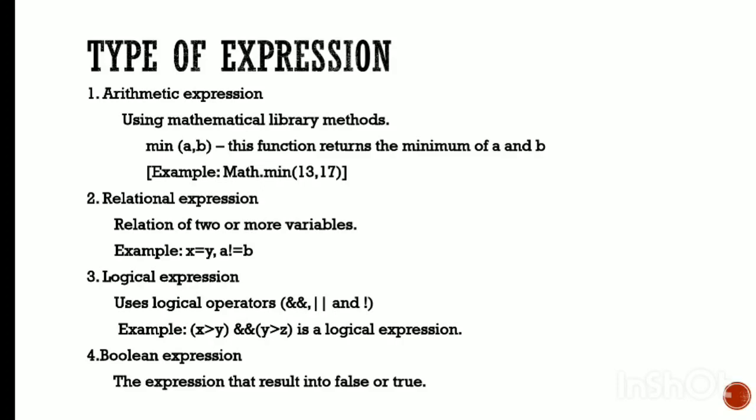In the example, x greater than y is a relational expression, and y greater than z is a relational expression. Now we have combined the two relational expressions, which is known as a logical expression. The logical operator we have used is the AND operator.